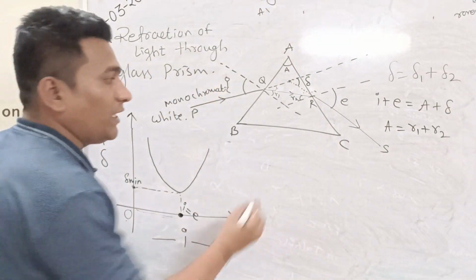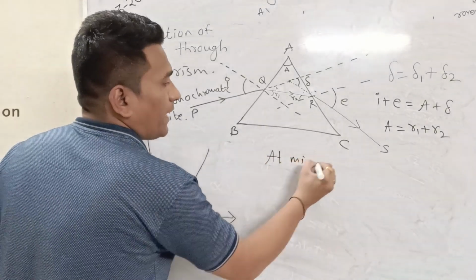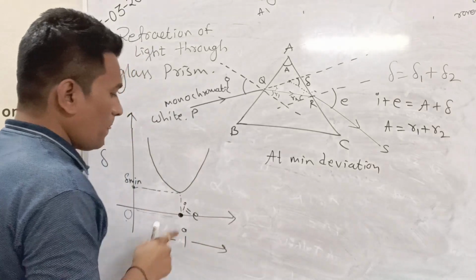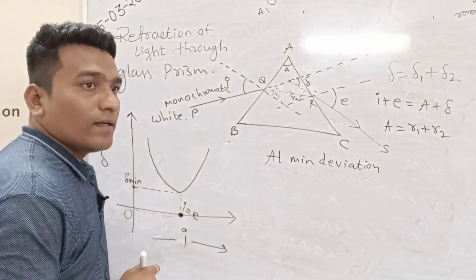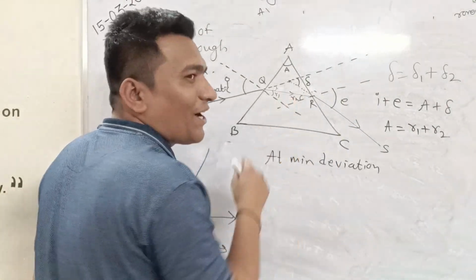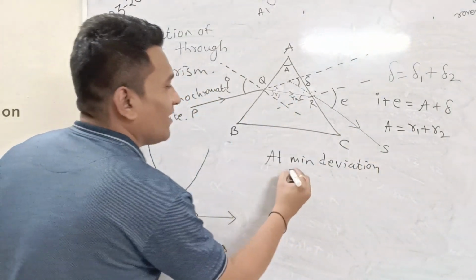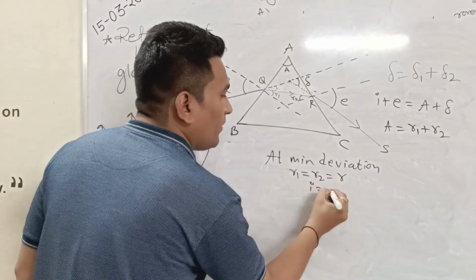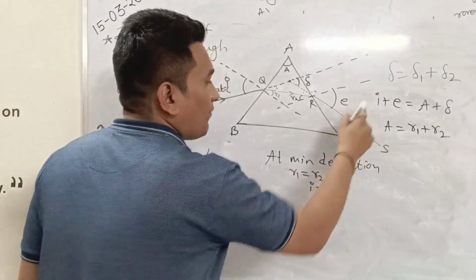So I'll say at minimum deviation, I is equal to E. If the angle of incidence is equal to E, then R1 and R2 will also be equal. So R1 will be equal to R2, which is equal to R, and I will be equal to E. So how will the formula change?